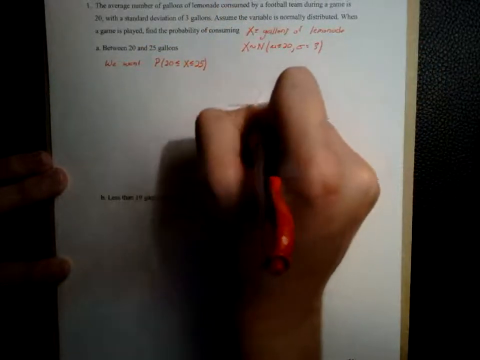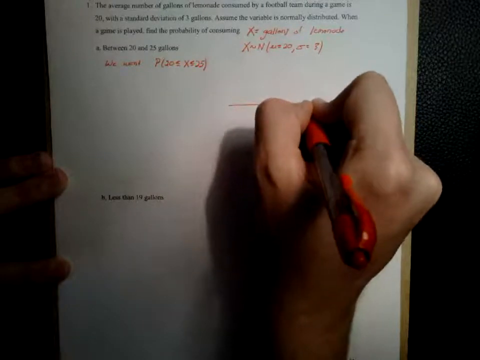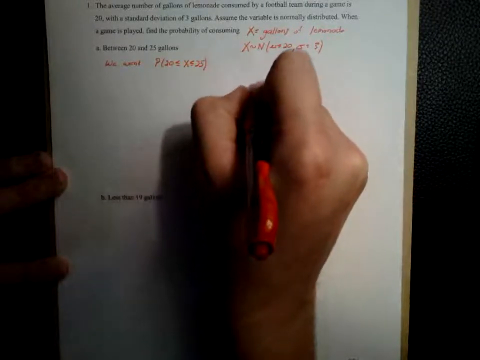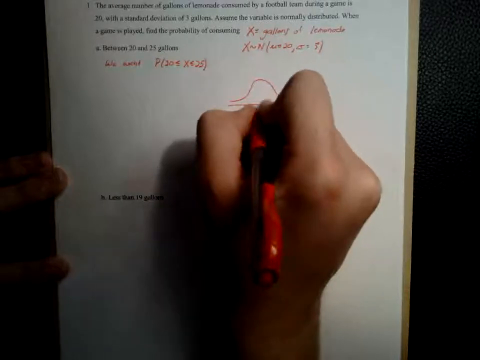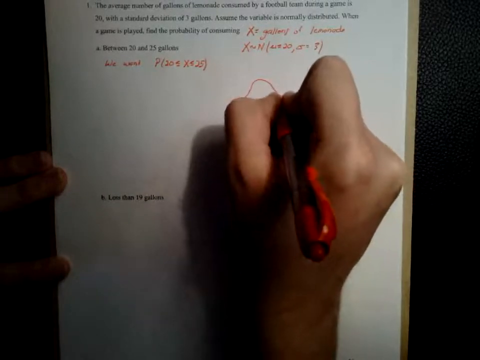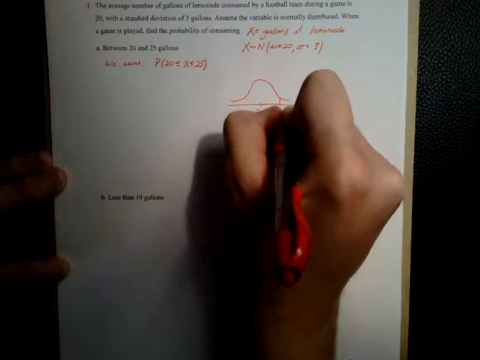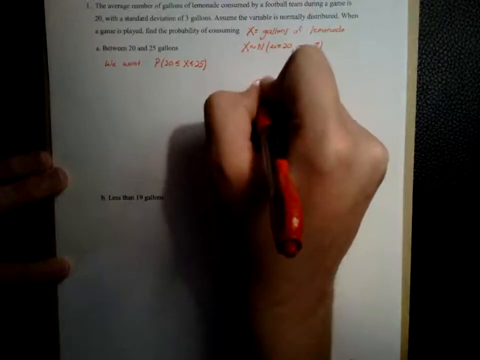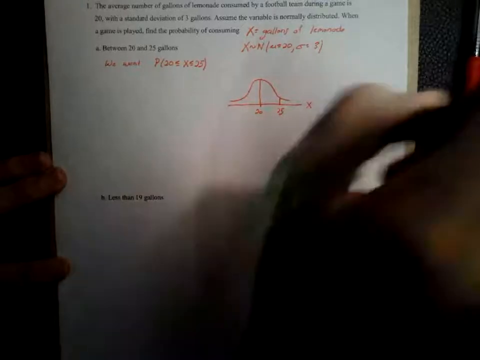I guess we'll draw it pictorially for this first example. Here we have the distribution of X. In the middle we have the mean of 20, and up here, say we have 25. We're interested in the area between these two.